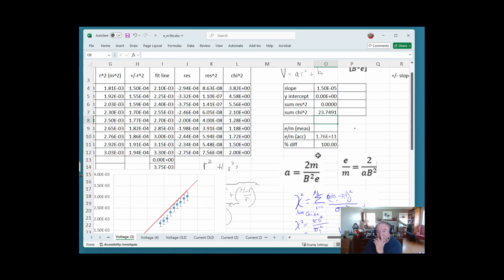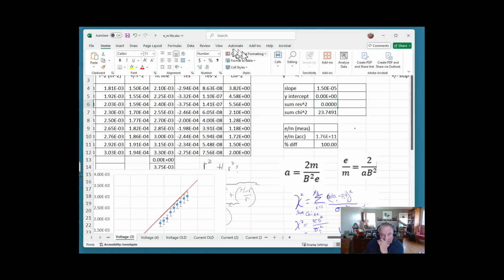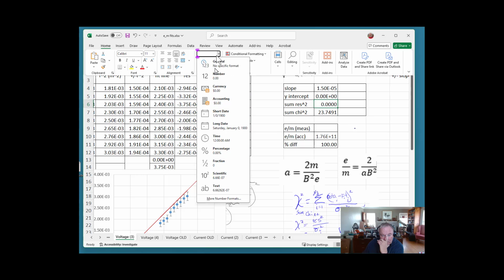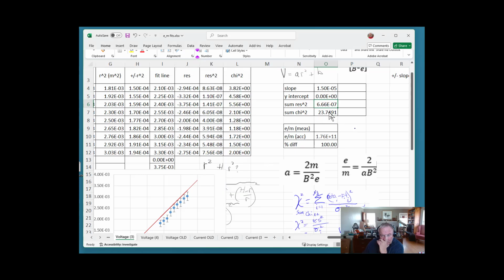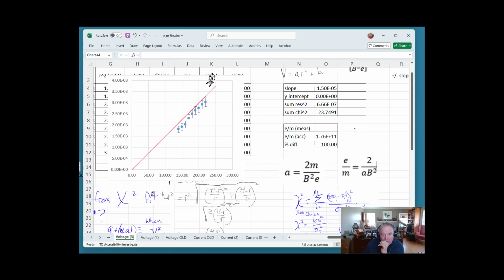And these numbers are, at least here, so small that we need scientific notation here. There we go. And this one could use, well, we'll stick with that. We need that number of sig figs. We need it in a minute.